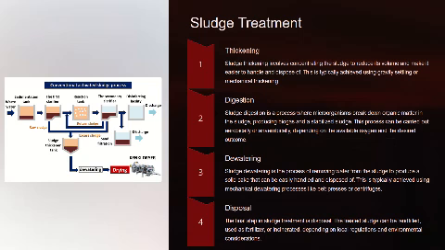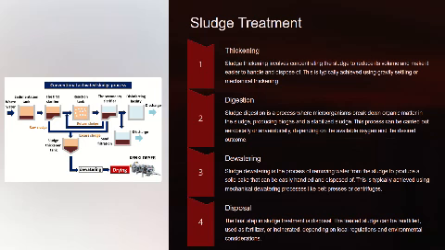So let's look at something called the sludge treatment. And there are four things you need to note initially for this, right? The first is thickening. Sludge thickening involves concentrating the sludge to reduce its volume and make it easier to handle and dispose of. This is typically achieved using gravity settling or mechanical thickening.